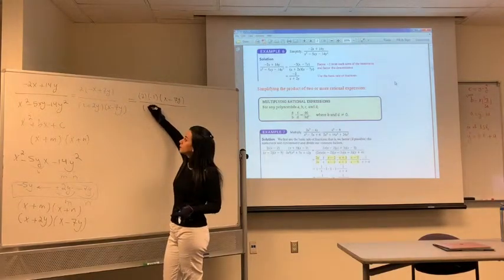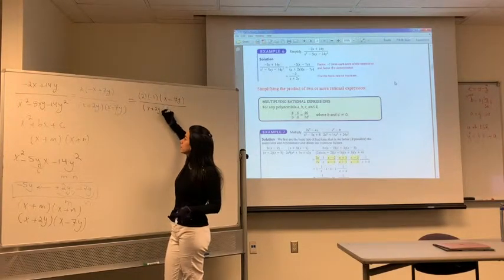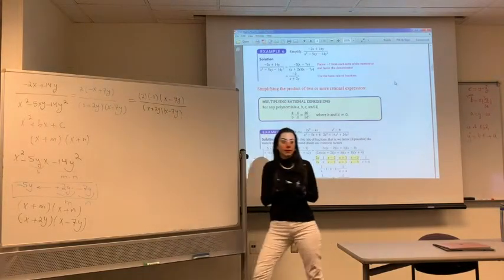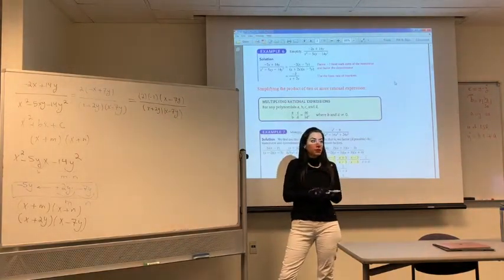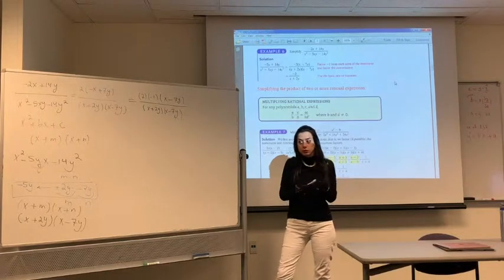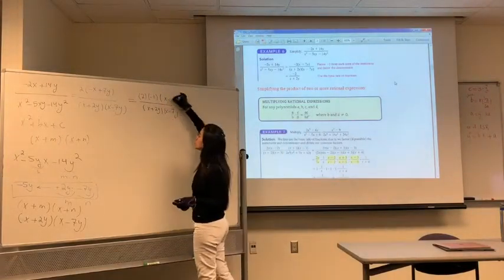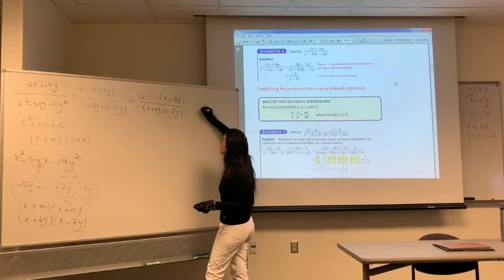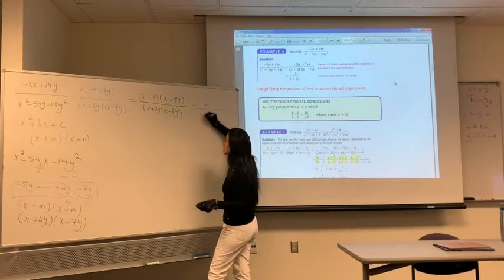And then the first parenthesis is x plus 2y, x minus 7y. And now we see that these are similar, right? And what we can do, cancel out x minus 7y, this one with this one, you have negative 2 divided by x plus 2y.